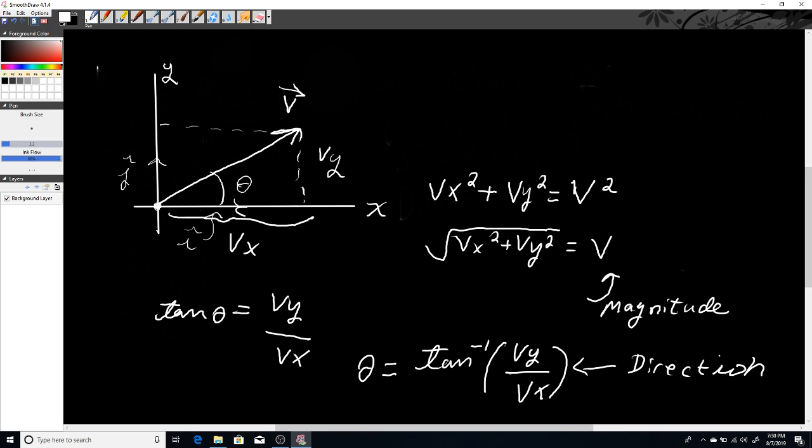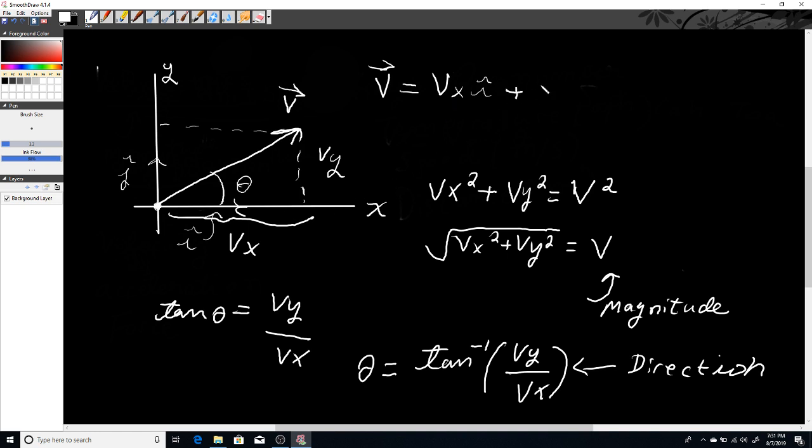If I want to write this vector out, this vector v, in full vector form, we would write v of x times i, which is basically 1, right? It doesn't change what this is. All this does is sort of signify to us notation-wise that we're in the x direction and that this component is along the x direction.